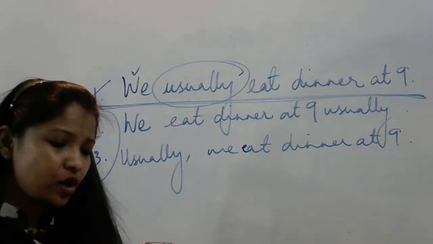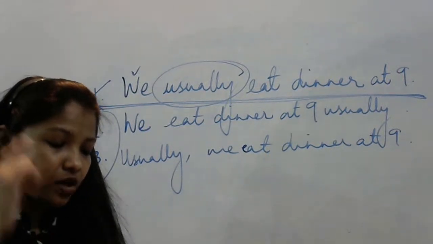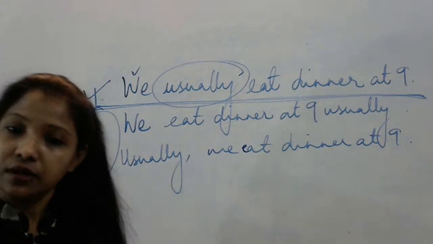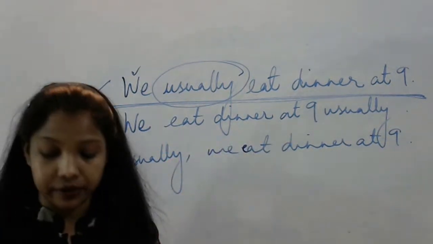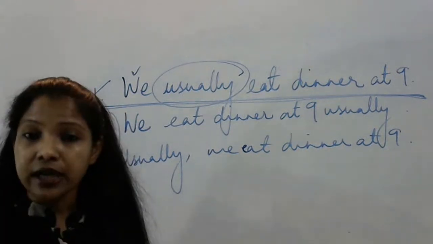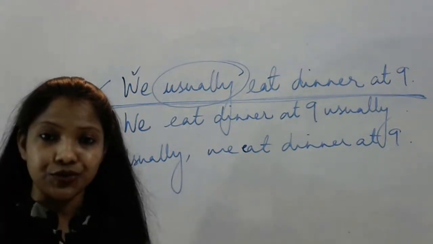Now it should be eat or have, but that we'll discuss later. These are called different ways. Eat भी बोल सकते हो, have भी बोल सकते हो, take भी बोल सकते हो. I can also say I take my dinner. Doesn't matter. But yes, in spoken English, have is widely used.